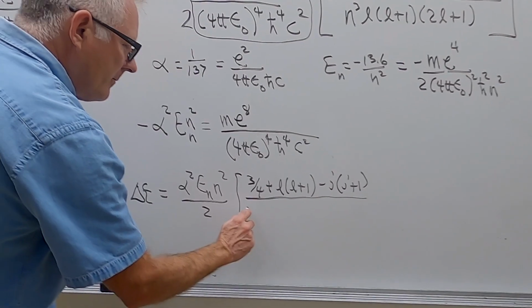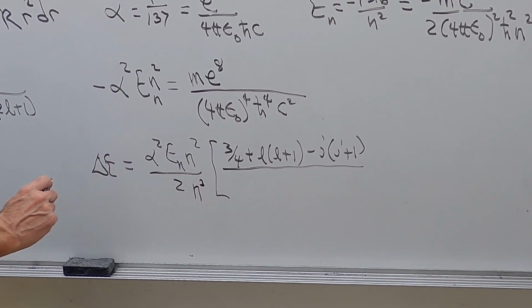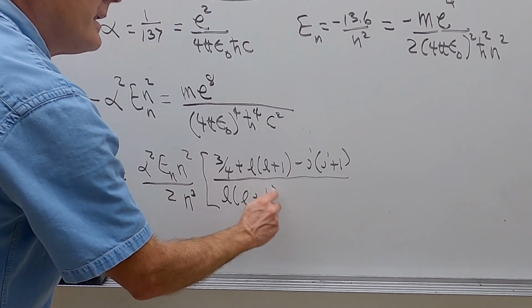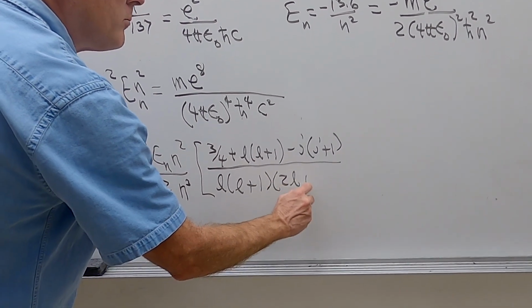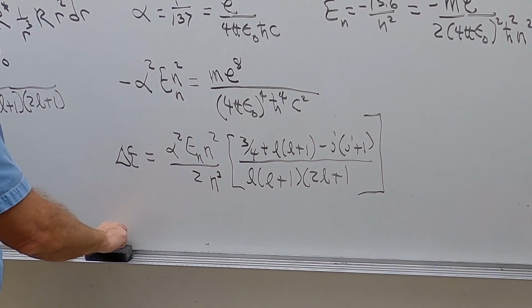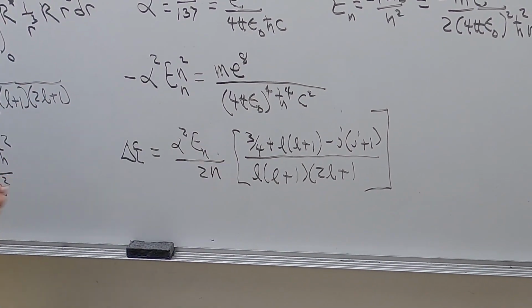But let me make it n cubed. So we got an n cubed, L times L plus 1 times 2L plus 1. Actually, this n squared over n cubed is just an n in the bottom.